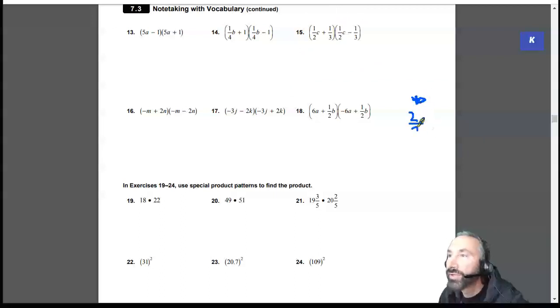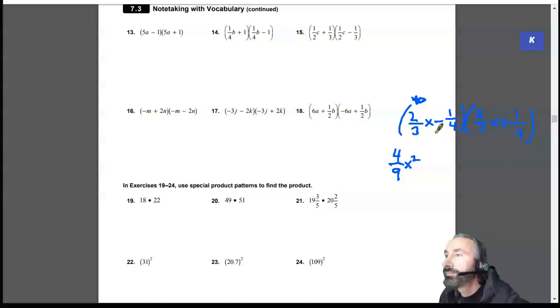Let's try something like maybe 2/3 x minus 1/4, just for fun, and we'll multiply that times 2/3 x plus 1/4, and let's see how that comes out. So that'll be 2/3 times 2/3 is 4/9 x squared.